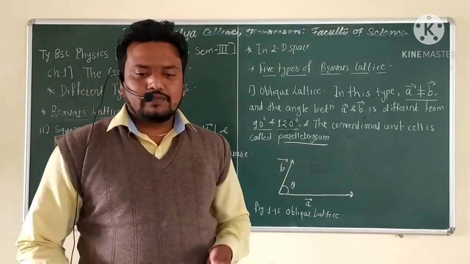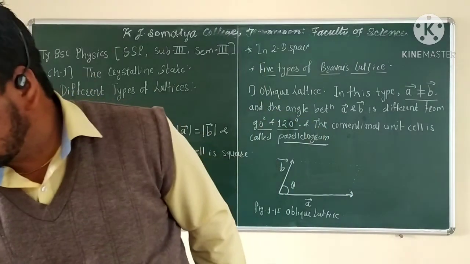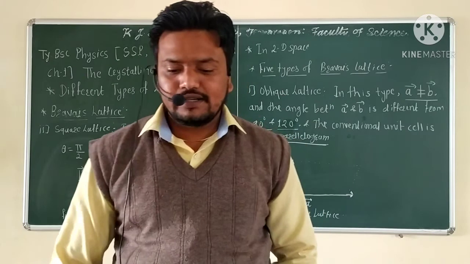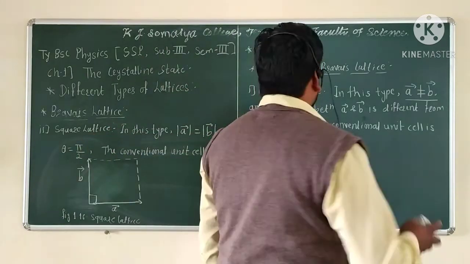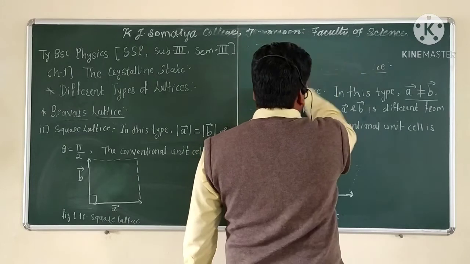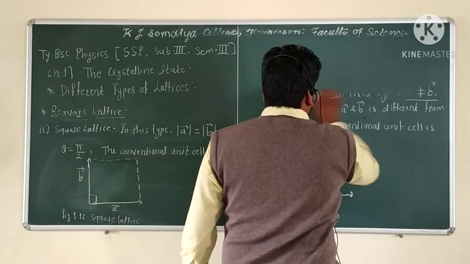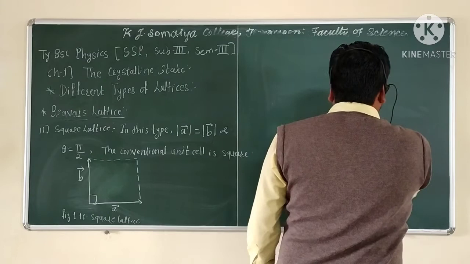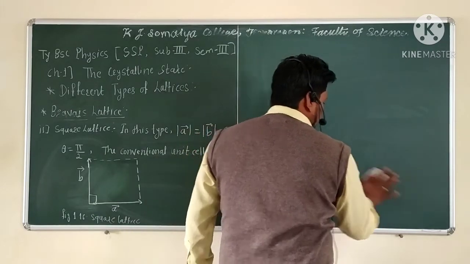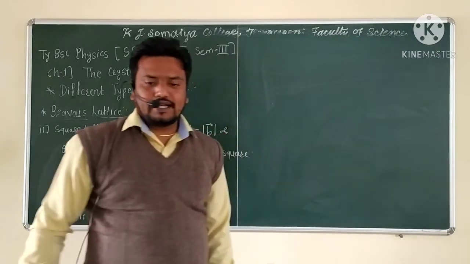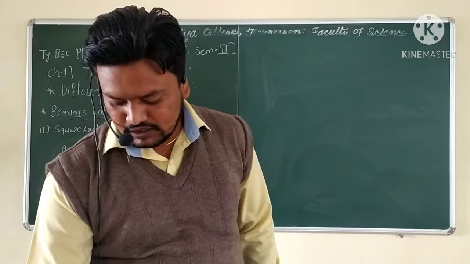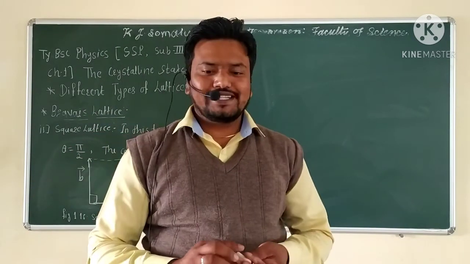Now the next main type of two-dimensional Bravais lattice is the hexagonal lattice. The main condition between vector A bar and vector B bar, and the angle theta between them, is the information we have to see here.